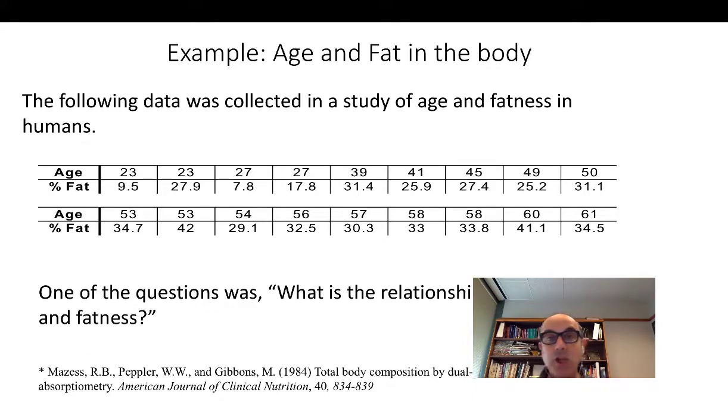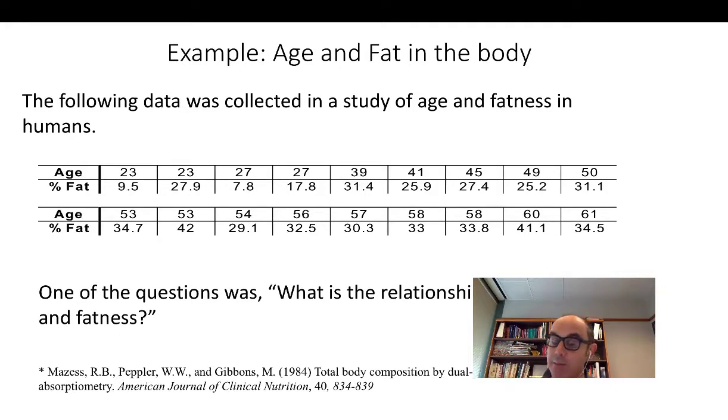For example, age and fat in the body. As I can tell you from my own experience, I cannot predict anything. As I get older, I'm heavier and gain a lot of weight. So again, what is the relationship between age and fitness is part of what we are trying to do with bivariate.